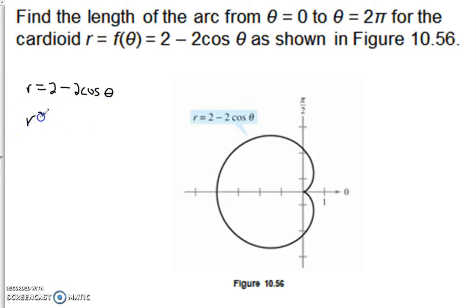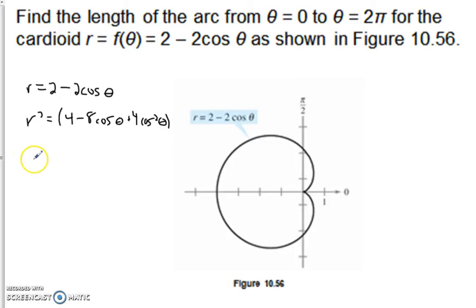R squared is that expression squared, which is going to be, I didn't need the parentheses, put them in there anyway, 4 minus, and 2 times this is going to give me 8 cosine theta plus 4 cosine squared theta. Okay, that's r squared.